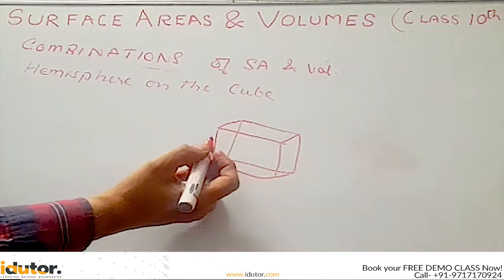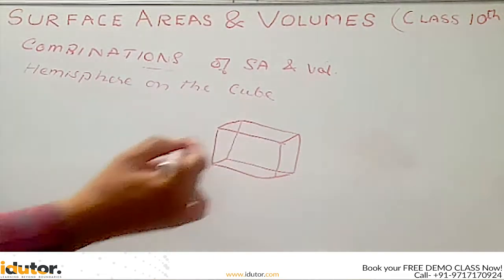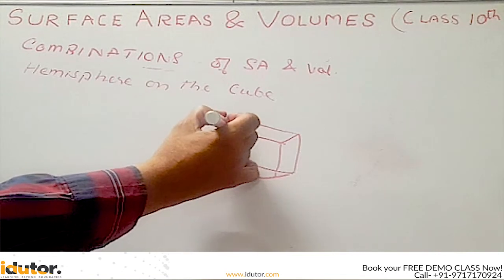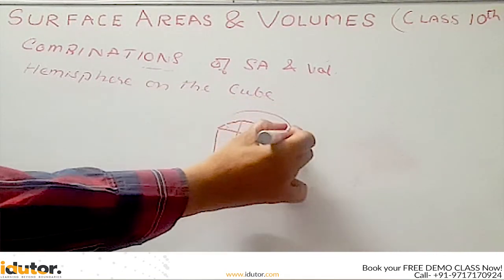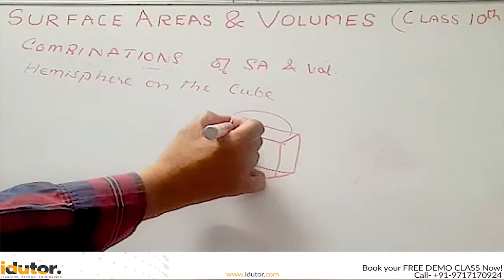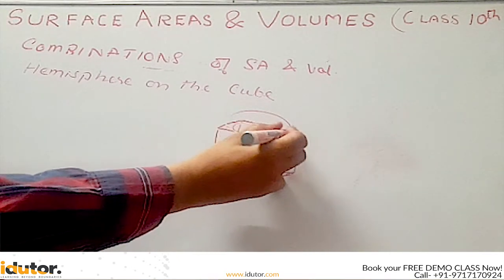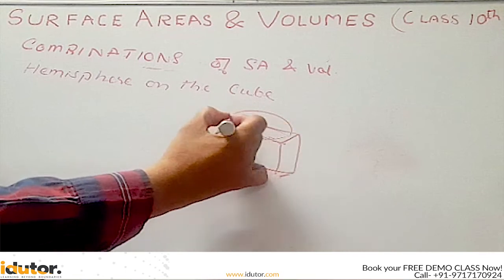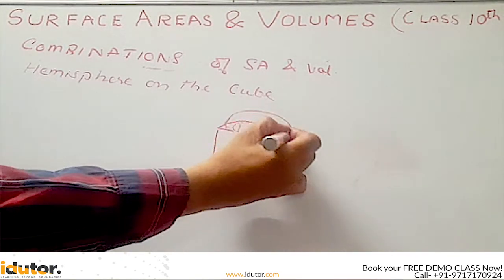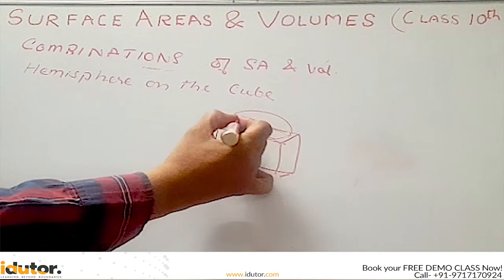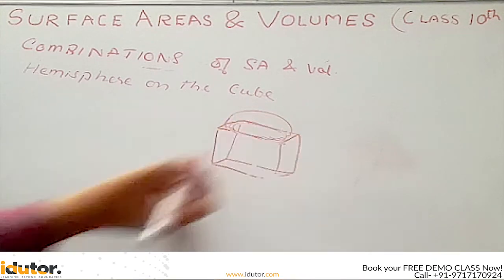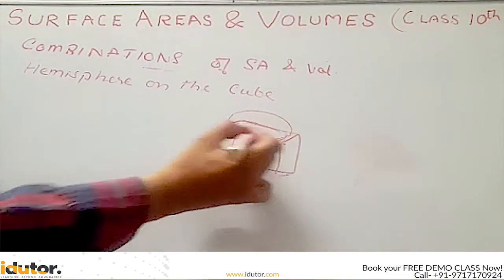Now, this is a cube and a hemisphere has been fixed on it. If we fix a hemisphere, it will look like this. So hemisphere has been fixed on the top. So there is a circular part at the bottom, which is like this.